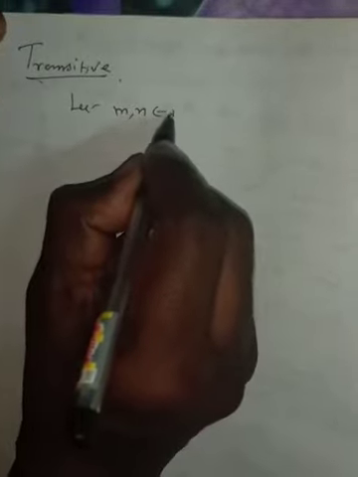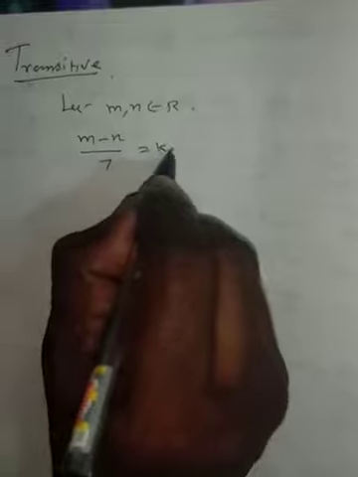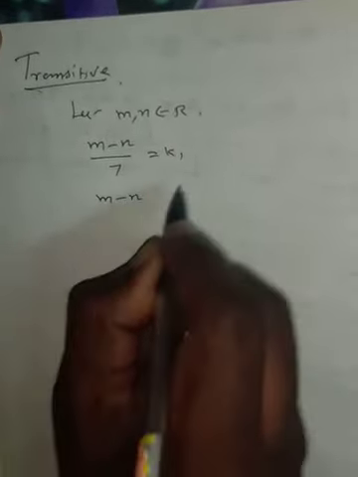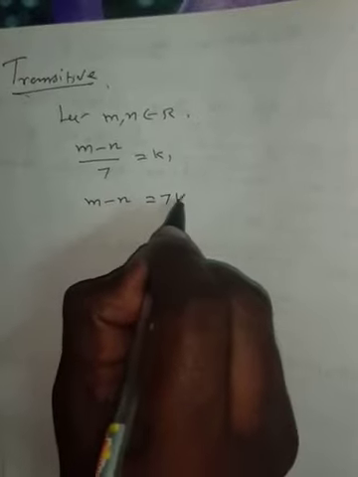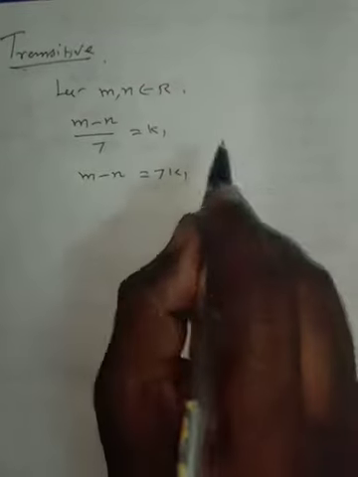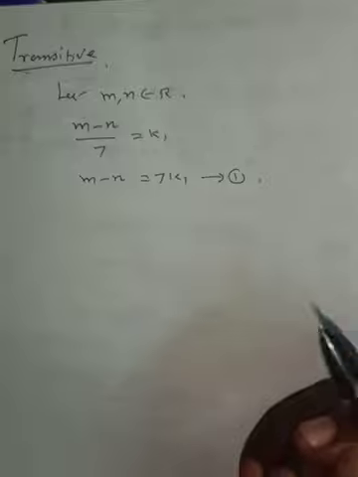Transitive. Let m, n belong to R. By the definition, m minus n divided by 7 is equal to some constant k1. This implies m minus n is equal to 7k1. Number this as 1.